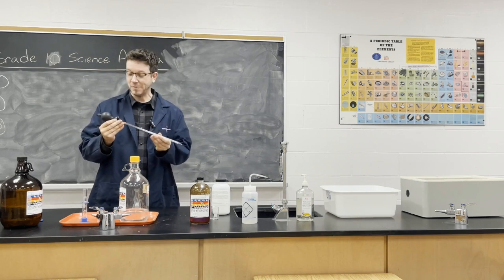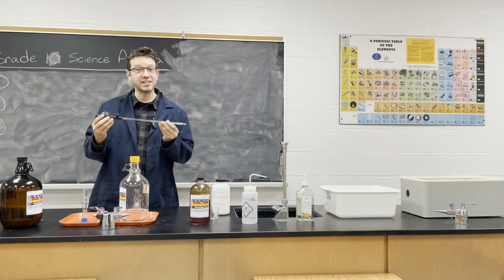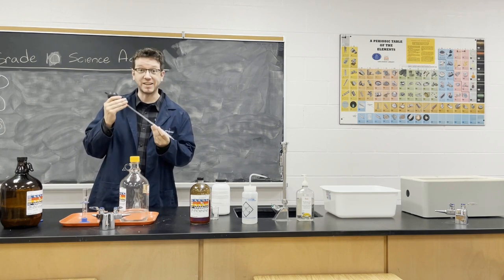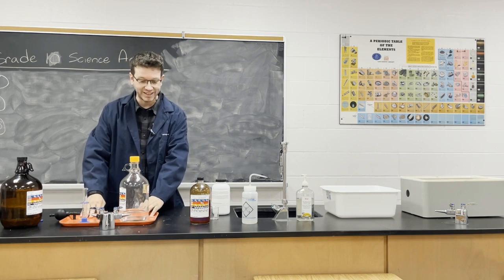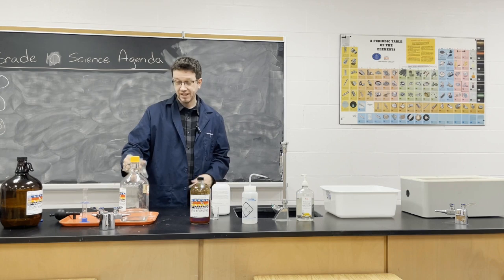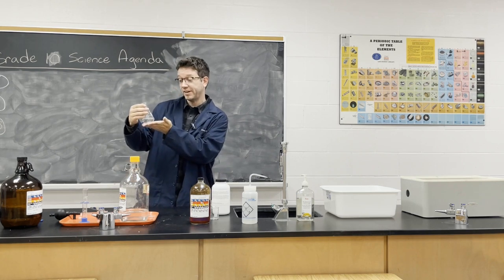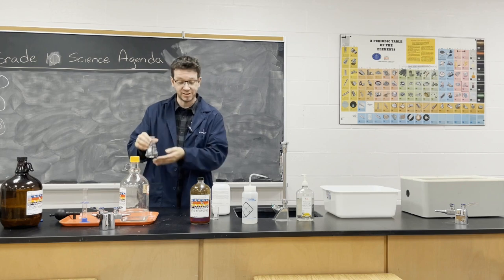And then I also have a pipette. It's not completely necessary, but I like to have the kids use it so they get the skills of being able to use it. I also like to have a tray where I keep the sulfuric acid on top of, just in case. Then you're going to need a small 125 milliliter Erlenmeyer flask. This is where you're going to have the reactions take place.